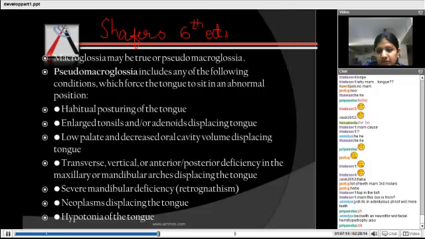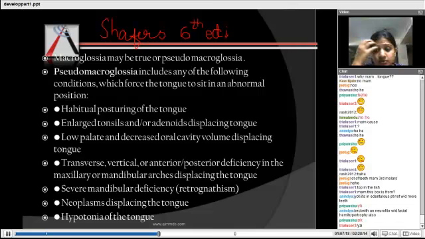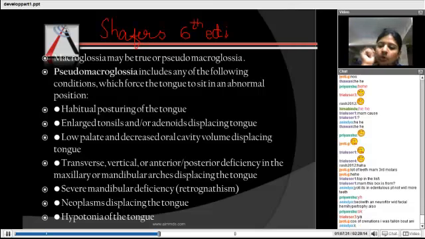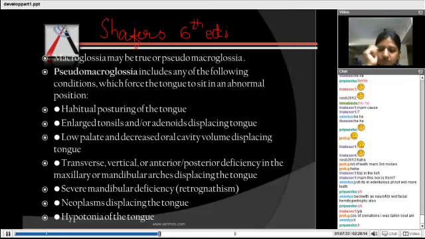So all of you can just concentrate on this bit a little. Pseudo-macroglossia is other conditions, other than genetic, which force the tongue to occupy an abnormal position.